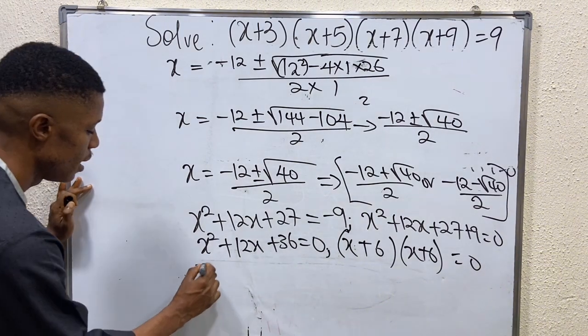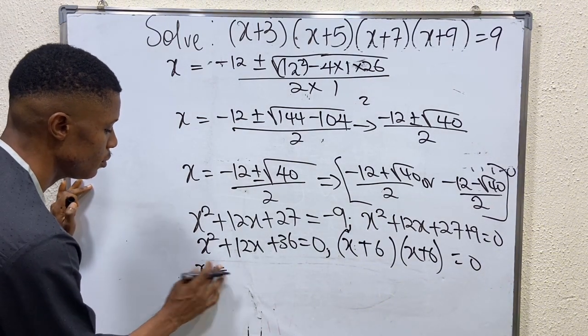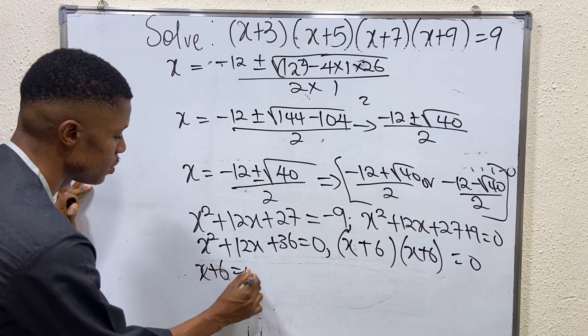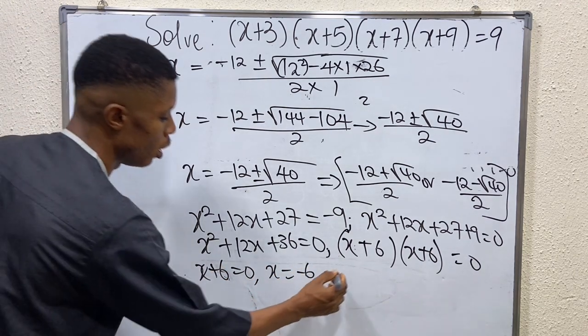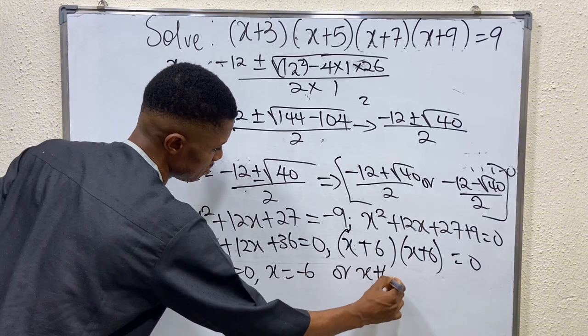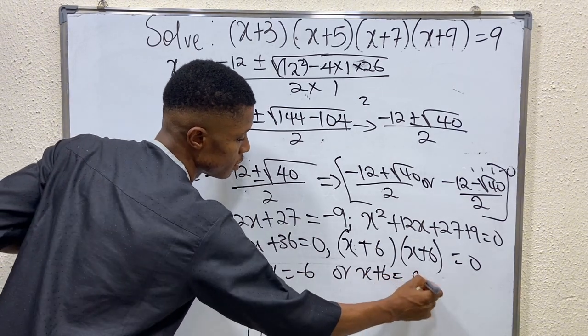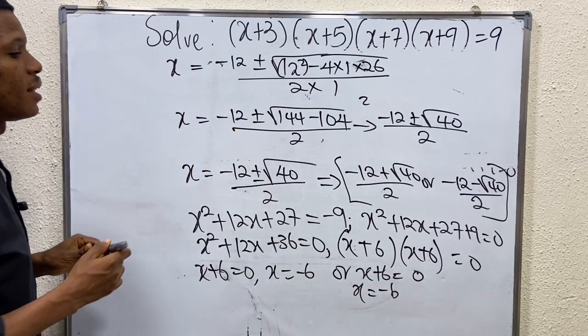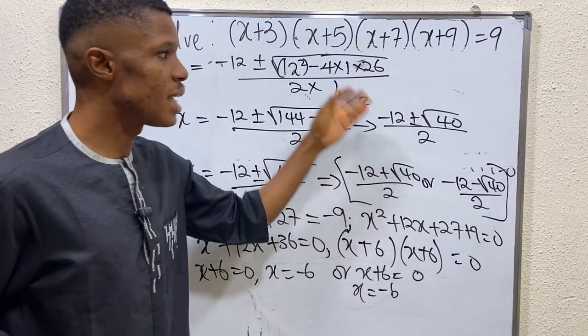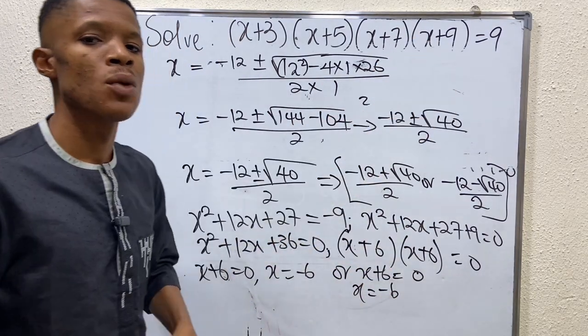So that means that x plus 6 is equal to 0, meaning that x is equal to minus 6. Or we say that x plus 6 is just a repeated root equal to 0, meaning that x is also minus 6. So these are the possible solutions for this x in this particular problem we have on the board.